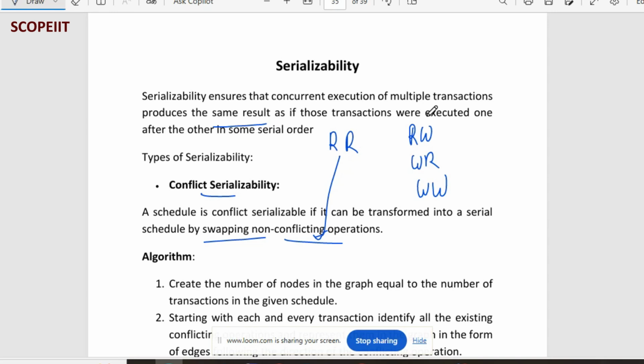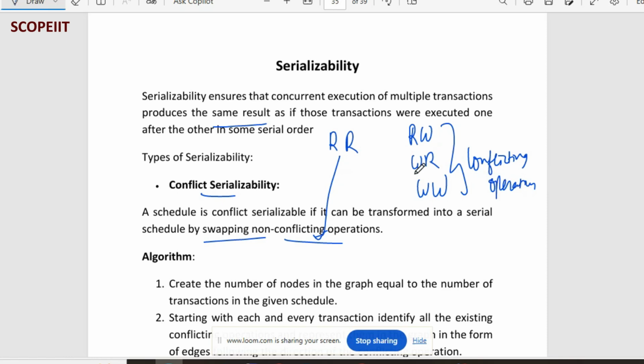Then the third one: if I am writing and the other one is also writing the same data, that is also a problem. So these three are known as conflicting operations. Non-conflicting is only one, read-read, and all the remaining are conflicting operations.